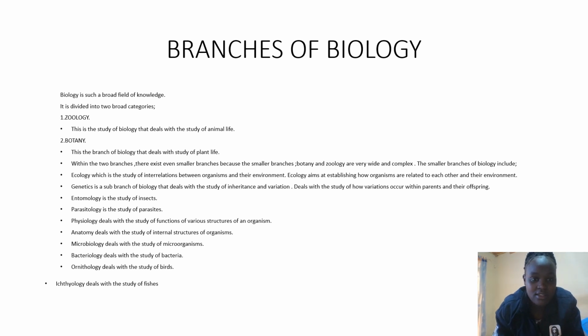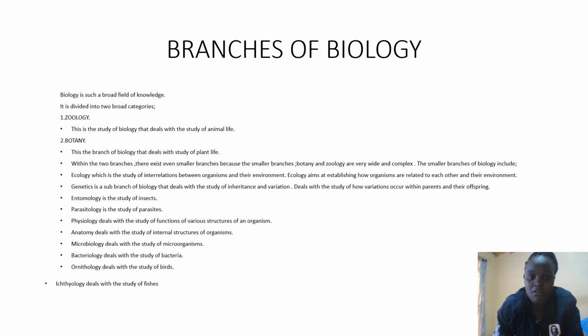Also, botany, this is the branch of biology that deals with the study of plant life. Botany enables us to know the families of different plants, such as the Euphorbiaceae, Asteraceae, Lamiaceae, etc. The study of plants enables us to categorize the plants into different groups, into different families, to avoid chaos and confusion.